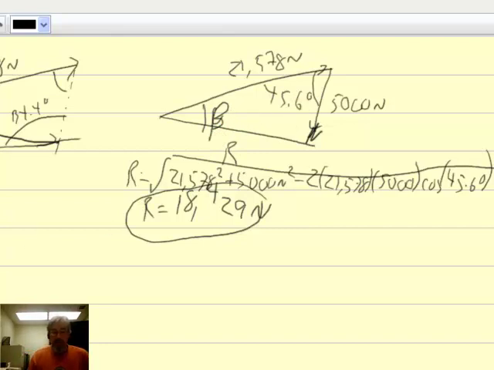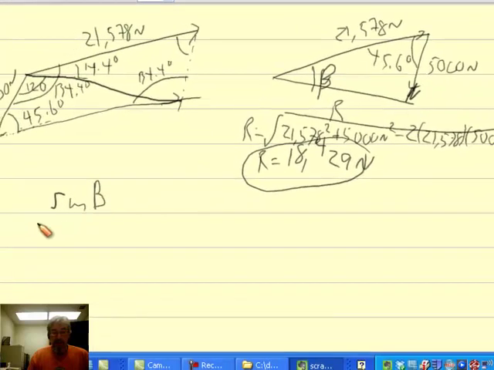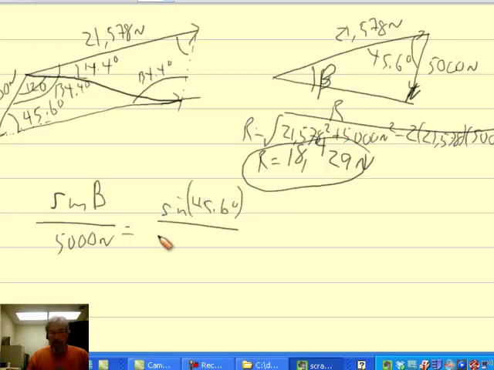So the sine of beta over 5,000 newtons is equal to the sine of 45.6 degrees over R, which I now know is 18,429 newtons.